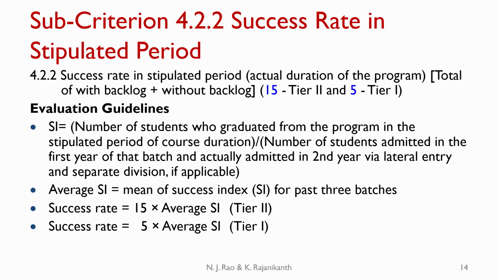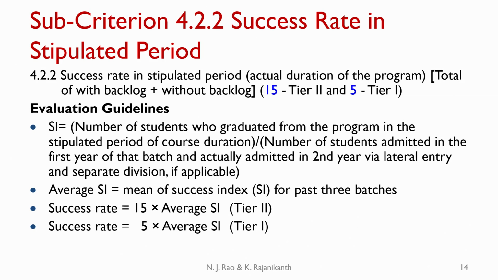So, how do you compute this? The success index, as we call it, is the number of students who graduated from the program in the stipulated period of course duration, divided by the number of students admitted, the way we have defined earlier.